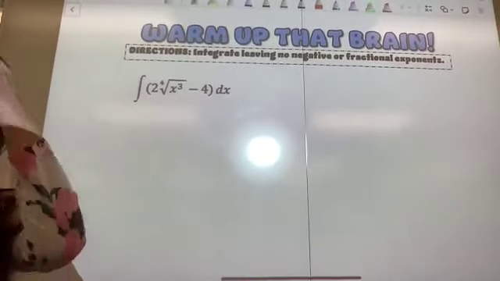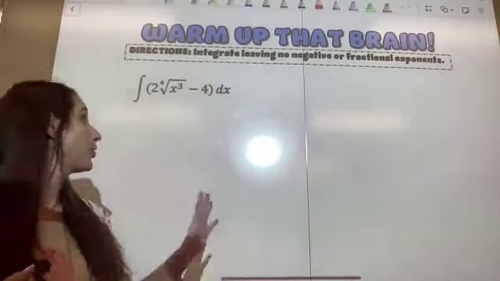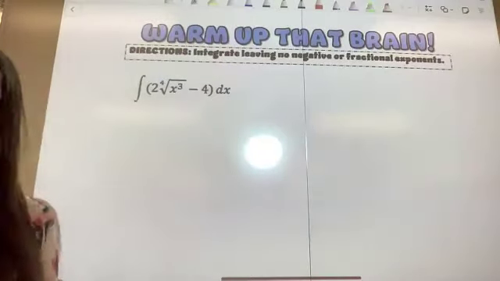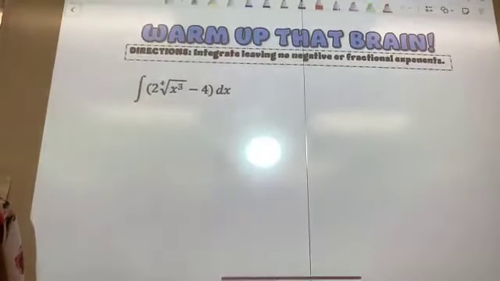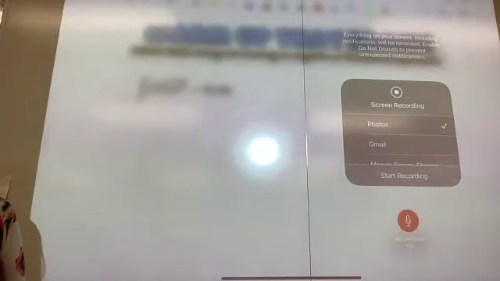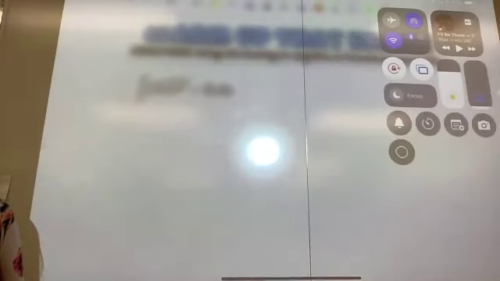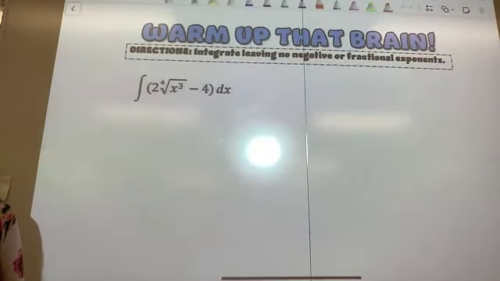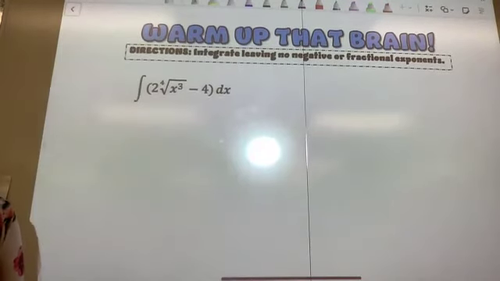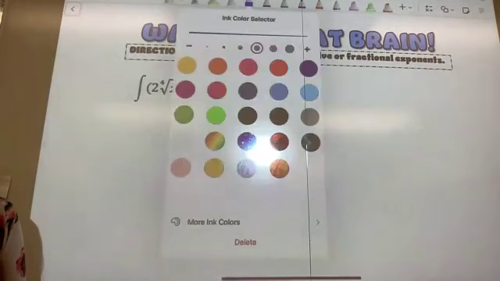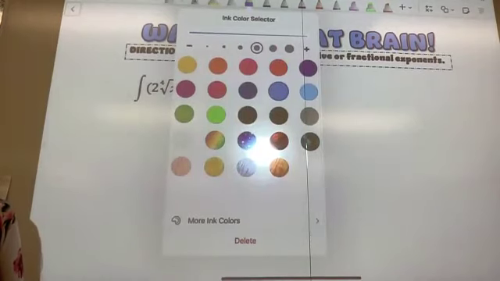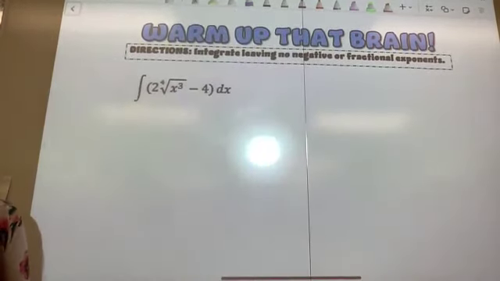So we have the integral of 2 over the fourth root of x cubed, minus 4. You split it up, right?